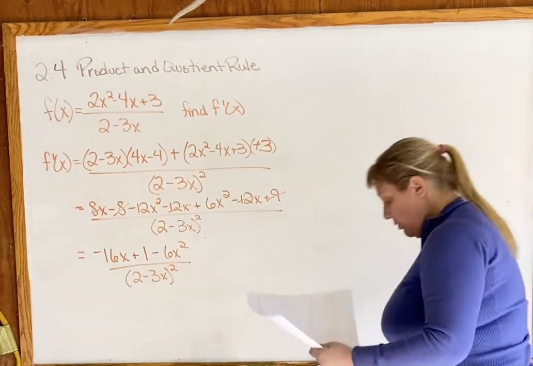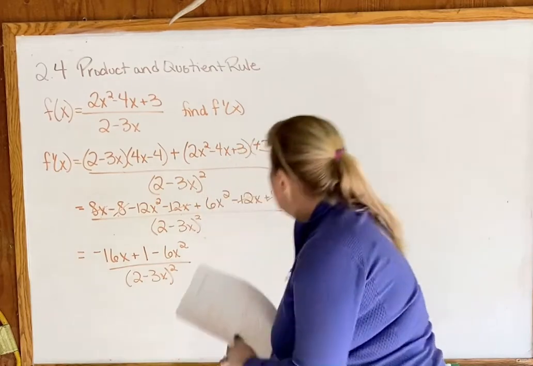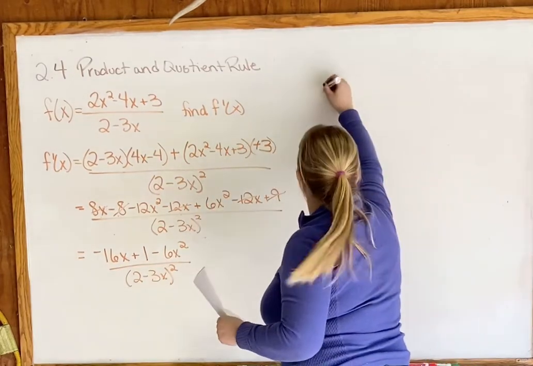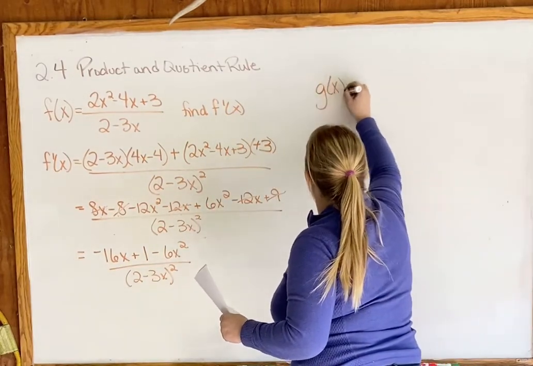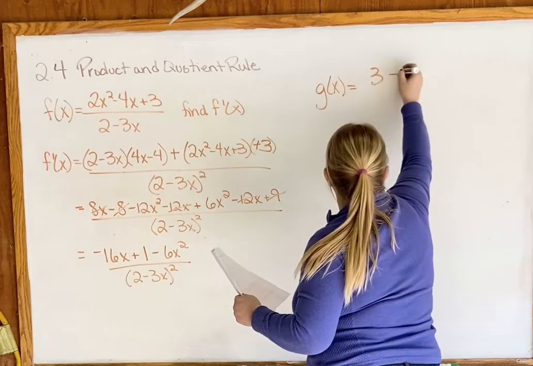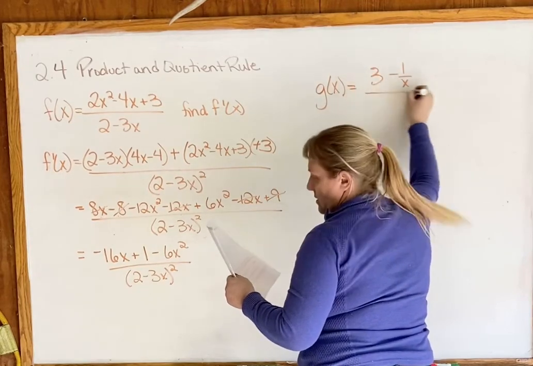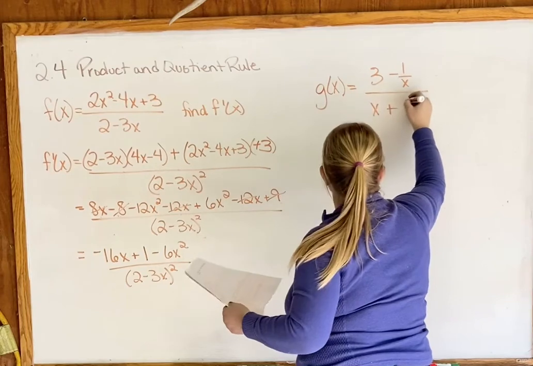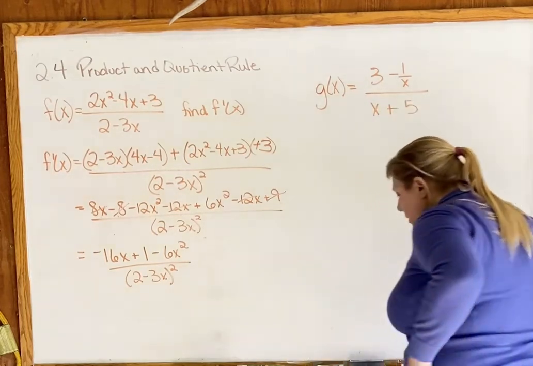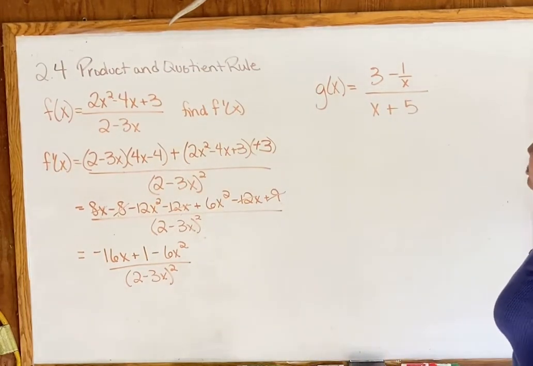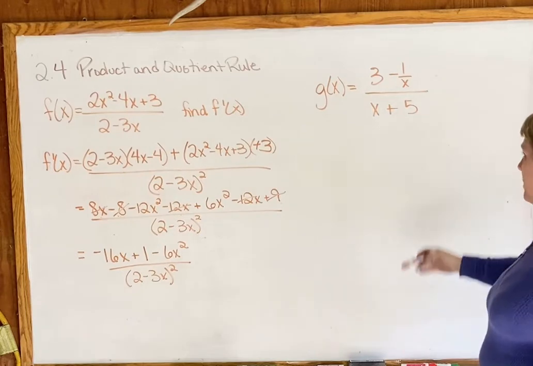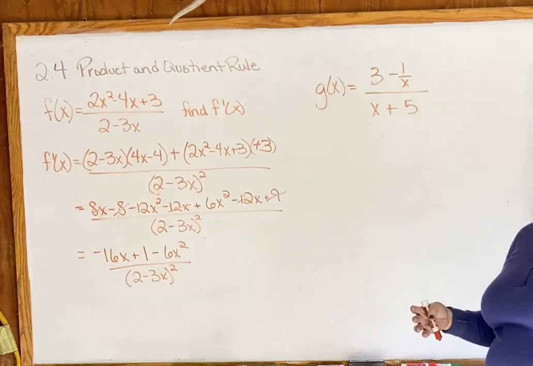Okay, so this is the next one. g of x equals 3 minus 1 over x, all over x plus 5. This time, what we have is a complex fraction because we've got a fraction inside the fraction.